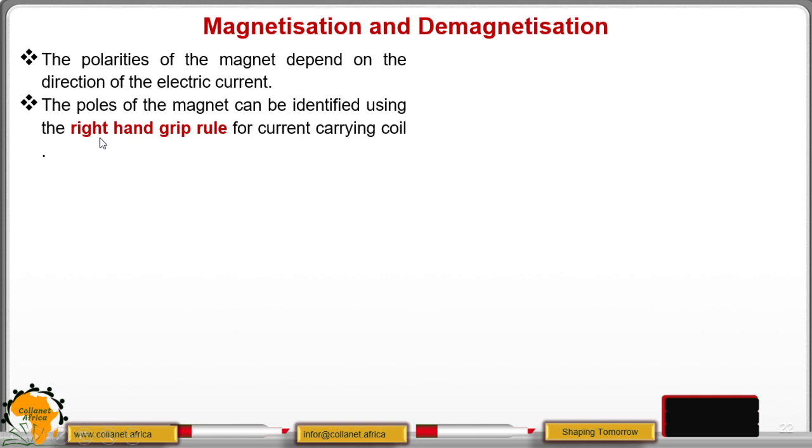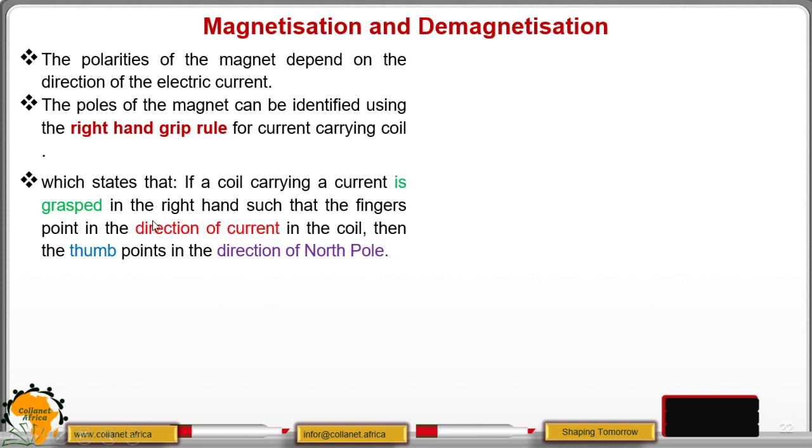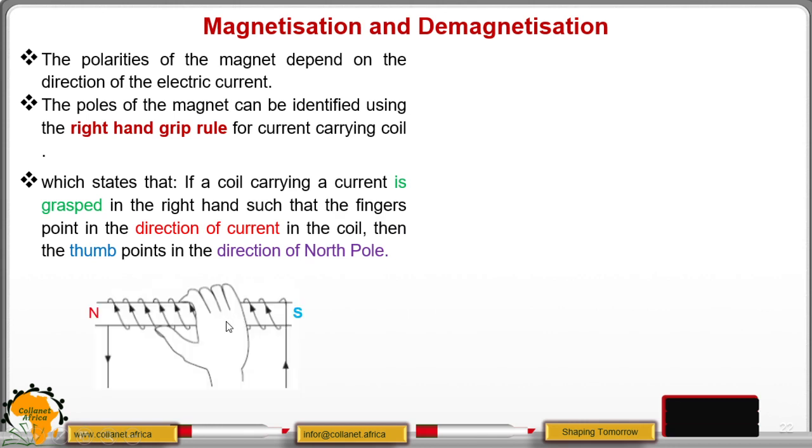So we use what we call the right-hand grip rule that will help us to identify the poles of that magnetic material. The right-hand grip rule states that if the coil carrying a current is grasped in the right hand such that the four fingers point in the direction of current in the coil, then the thumb points in the direction of north pole, as shown in this diagram.